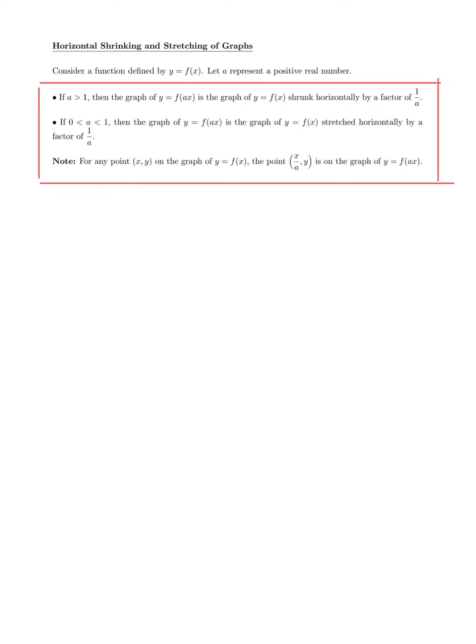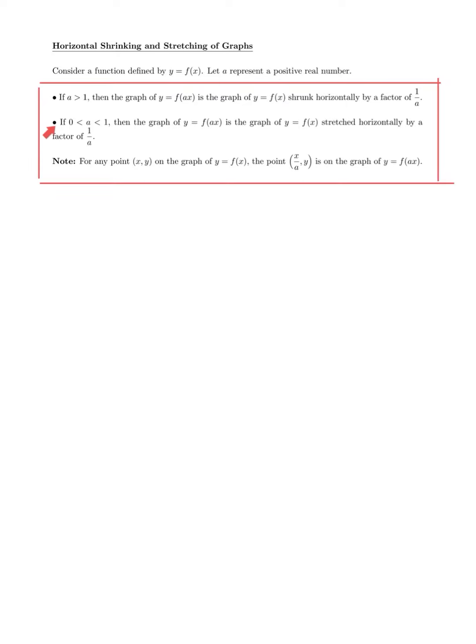All right, now let's talk about horizontal shrinking and stretching of graphs. So let's read this together. It says, consider a function defined by y equals f of x. Let a represent a positive real number. Number 1, if a is strictly greater than 1, then the graph of y equals f of ax is the graph of y equals f of x shrunk horizontally by a factor of 1 over a.